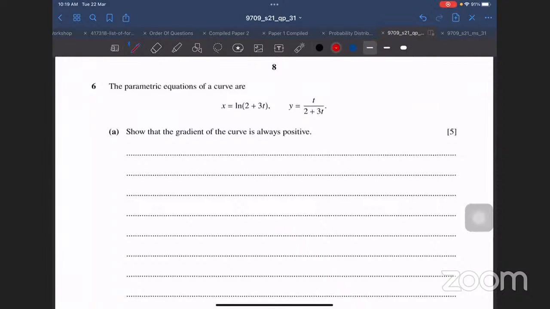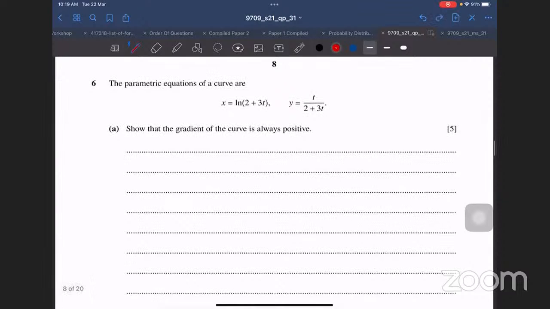Then there's question 6. This is about parametric equations. It says show that the gradient of the curve is always positive. So dx over dt is 1 over 2 plus 3t into 3. And dy over dt is a quotient rule. I'm going to quickly do the quotient rule here. u dash is 1, v dash is 3.